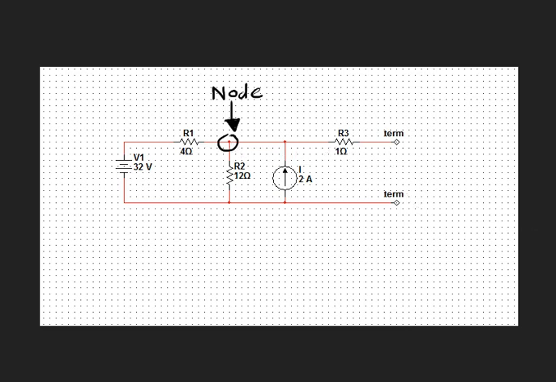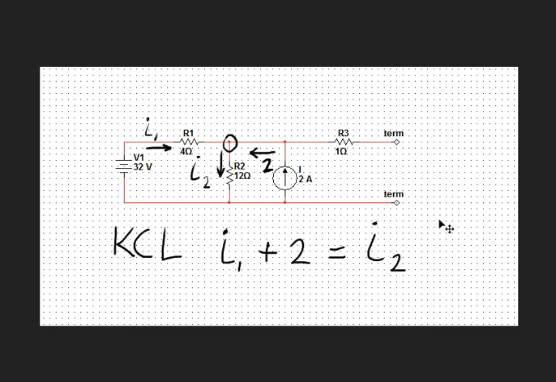Okay, so let's proceed. As you can see here, from this node you have 2 amperes going into this node, and you have I1 going into this node, and you have I2 leaving this node.